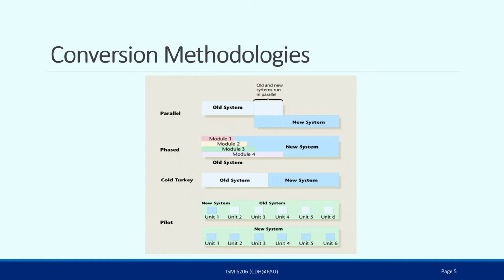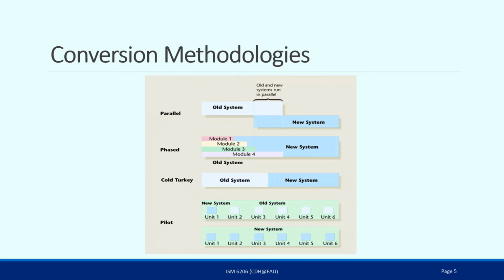But before we actually have an accounting system, we have our own manual system. We use pen and paper. Maybe we use Excel just to record everything. So that is the old system. It doesn't mean that we have to have an information system going from the old one to the new one. It just means that for this particular operation, this particular process, we have an old way of doing things versus a new way of doing things.